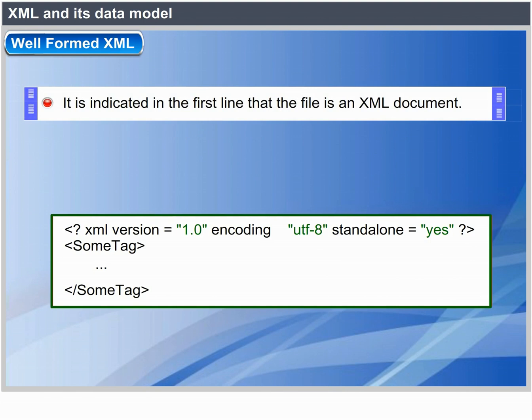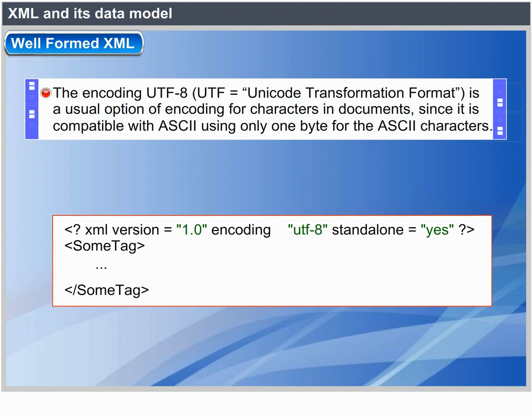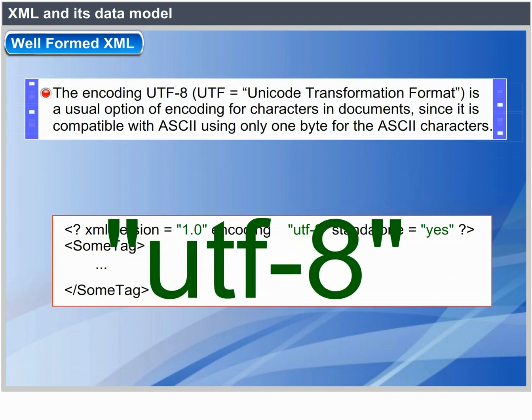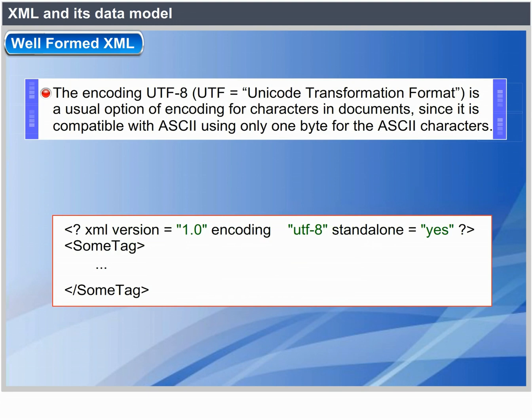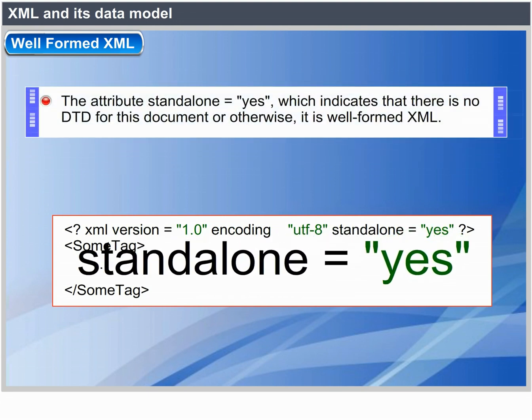The encoding UTF-8, UTF equal to Unicode Transformation Format, is a common choice of encoding for characters in documents because it is compatible with ASCII and uses only 1 byte for the ASCII characters. The attribute standalone equal to yes indicates that there is no DTD for this document.